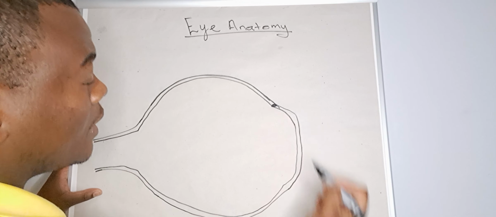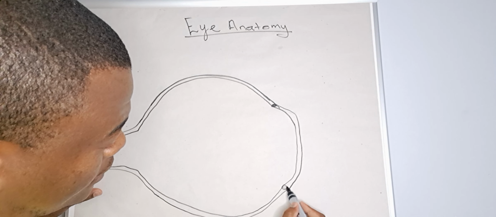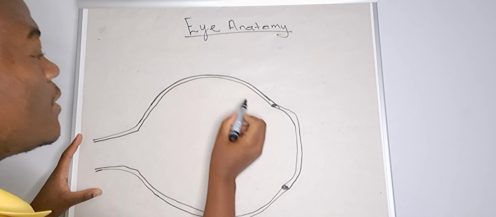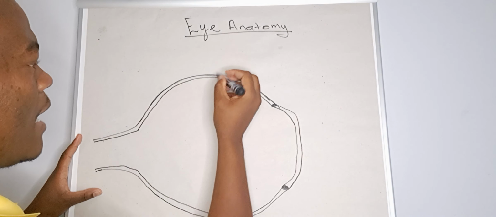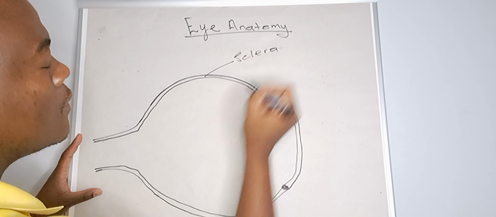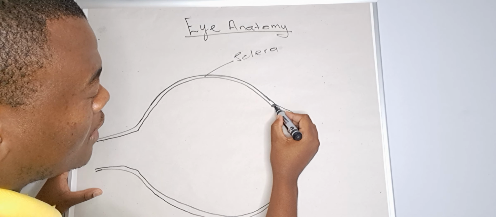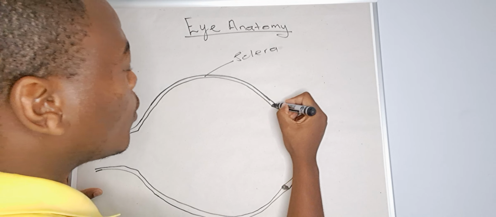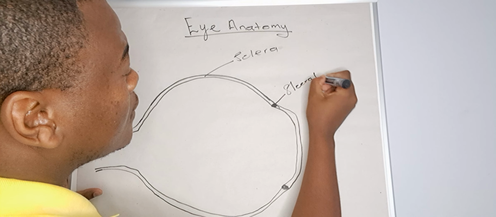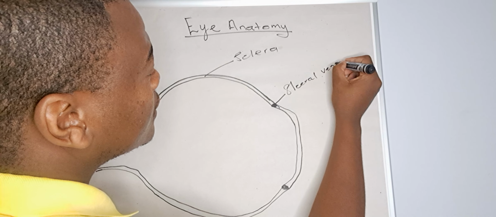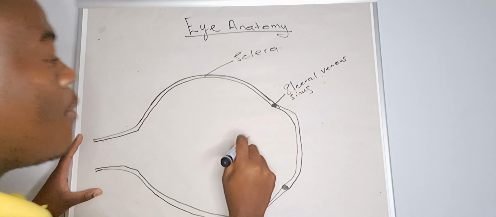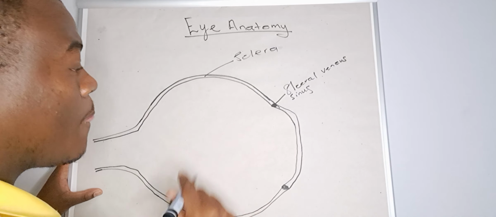There is a division here, there is a division here, and then this particular first layer of the eye, we call it the sclera, and then this particular area here, we call it the scleral venous sinus. I will tell you the function of this particular thing now.